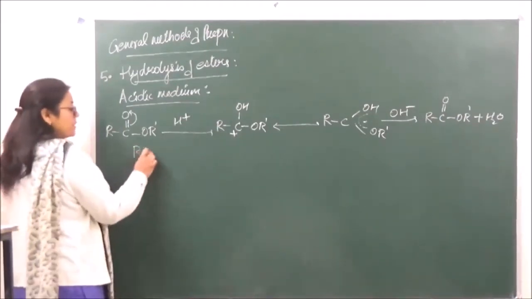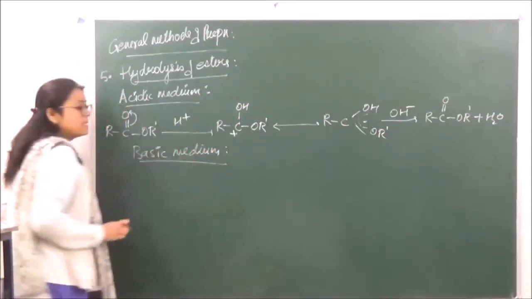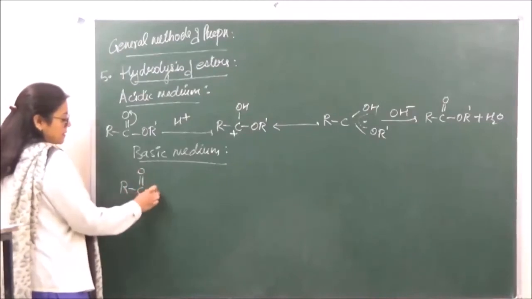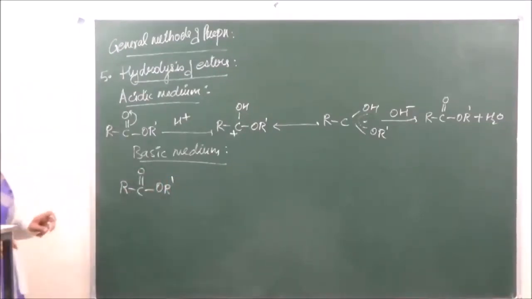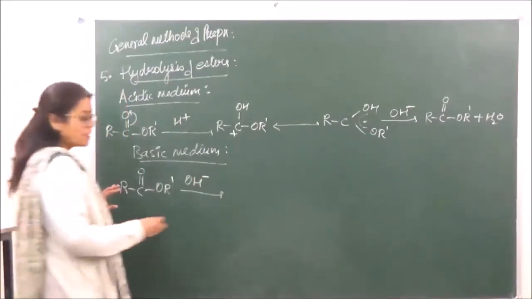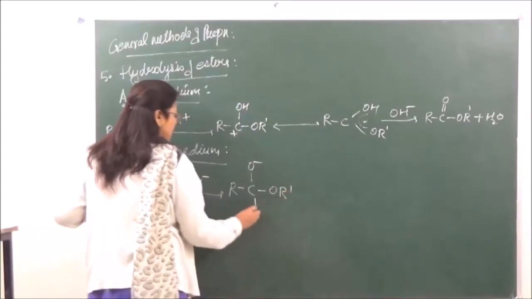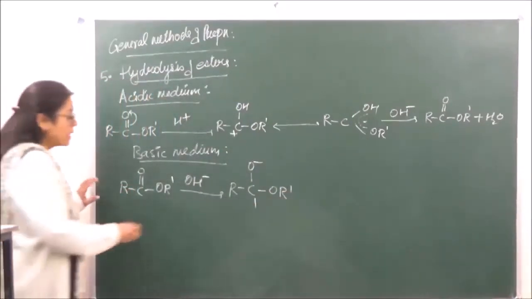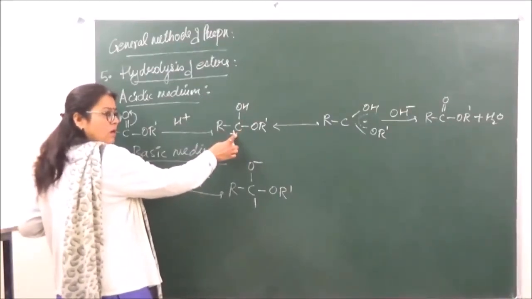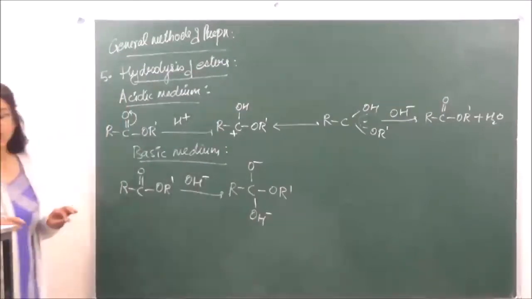Let's now compare it with the reaction in basic medium. In case of basic medium, this is going to react with OH negative to give us an addition product, which we are going to get over here, negative O negative and OH. Because over here this is positively charged at the carbon atom, the negatively charged hydroxyl ion goes and attacks at the carbon atom.